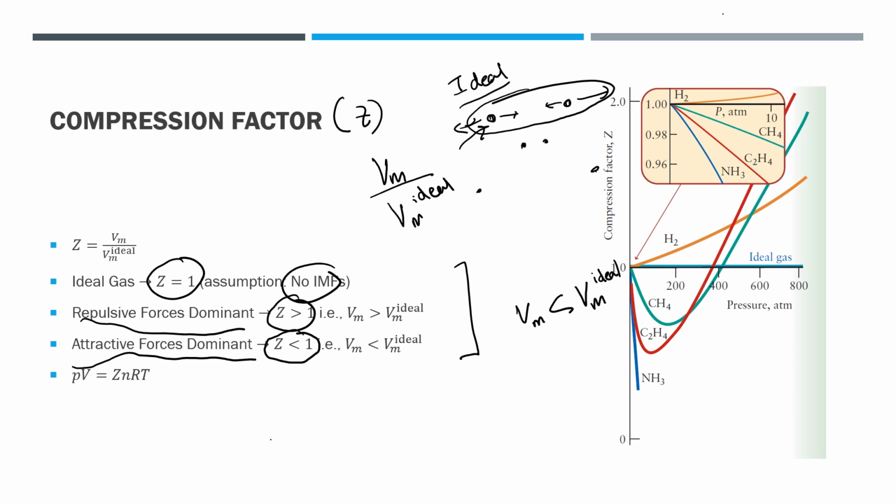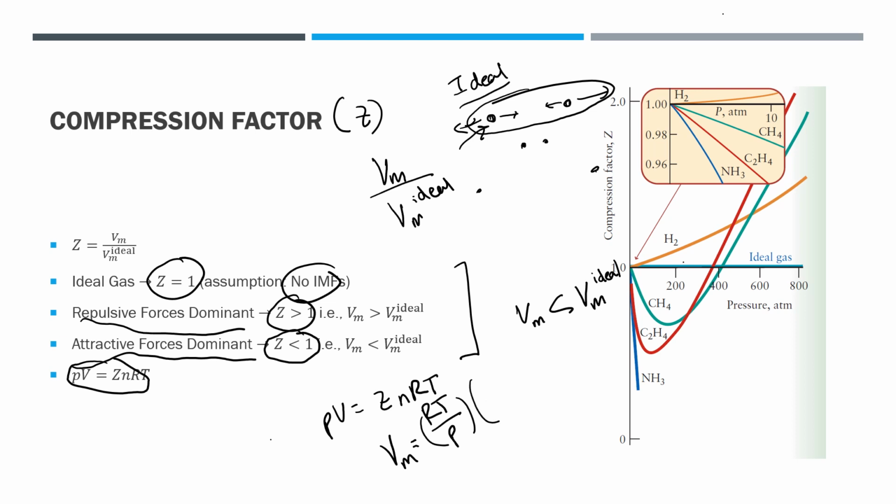And we can use this Z factor to correct our ideal gas equation to look like this: PV equals Z times nRT. And how I like to rearrange this is that the actual volume, or V molar, equals RT over P times Z, right? I divided by the moles on both sides, and I moved the equation around.